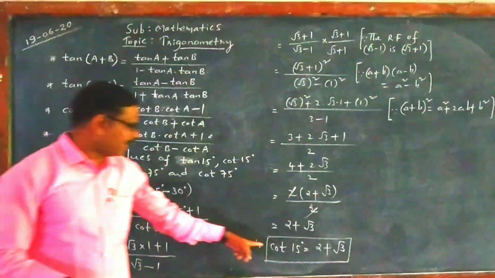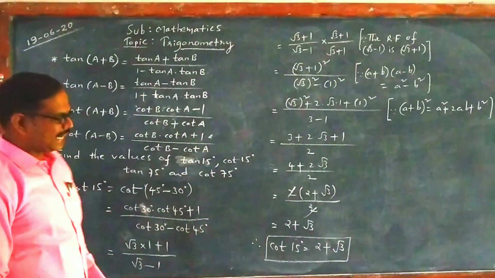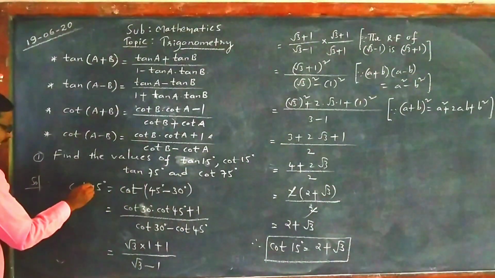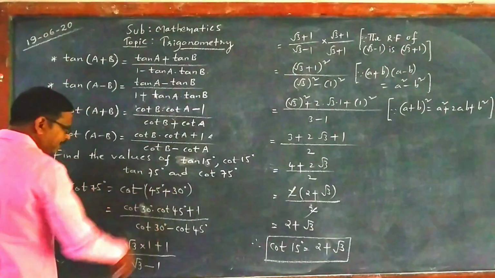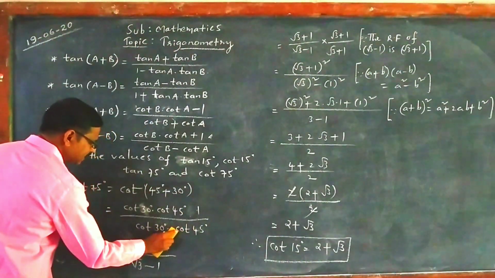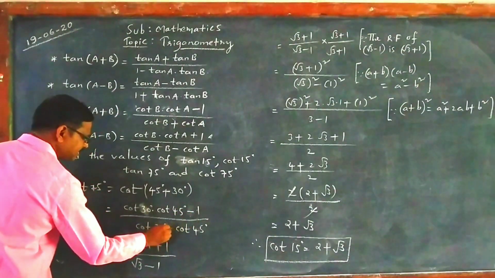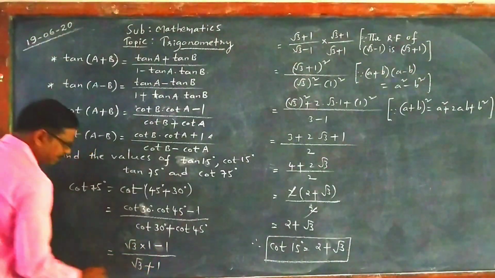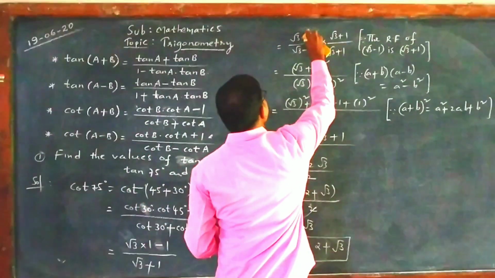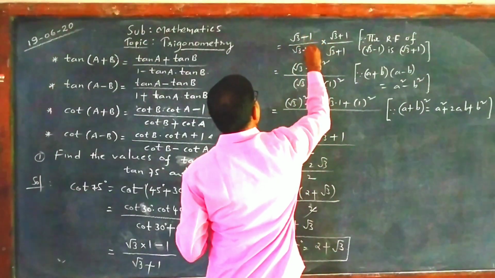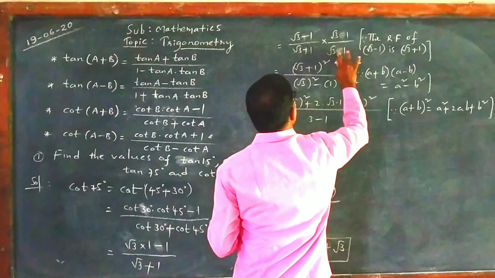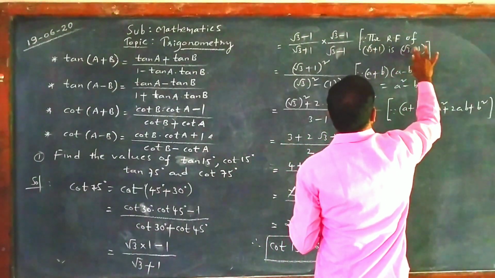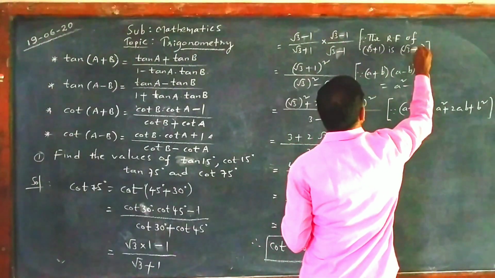Tan 75 and cot 15 are the same, you see. This is the value for cot 15. Now similarly you can take cot 75 here. I will take plus here, minus here, plus here, minus here, plus here, minus here, plus. So the RF will be minus, minus, plus 1 is minus 1.